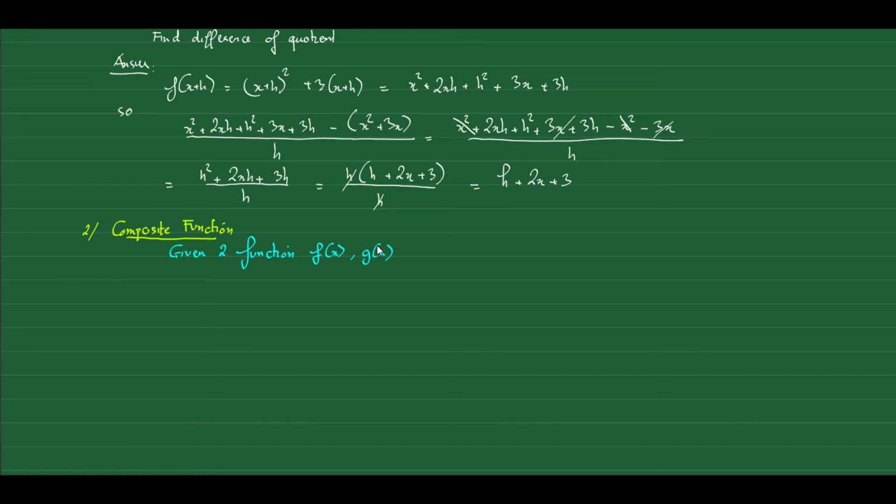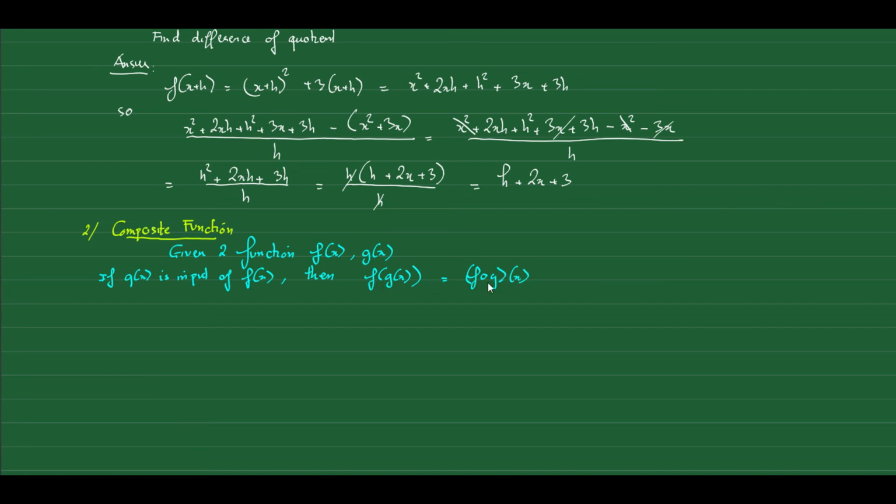Now, if g of x is the input of f of x, then we can create a new function called a composite function. It is notated as f composed to g, or you can write it as f circle g, f composed to g of x.